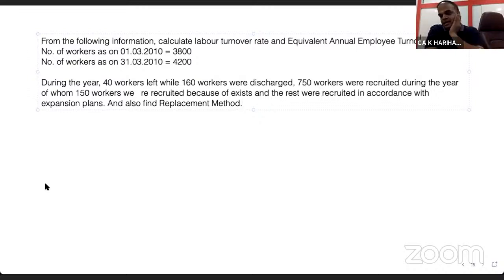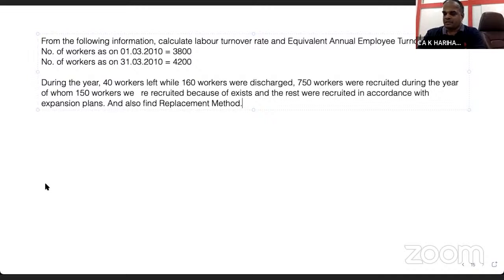Is a higher percentage best or a lower percentage best? Labor turnover should be lower; the lower the labor turnover, the more preferable. How many methods are there to compute labor turnover? We discussed yesterday. Not in times, but in percentage. How many methods are there?